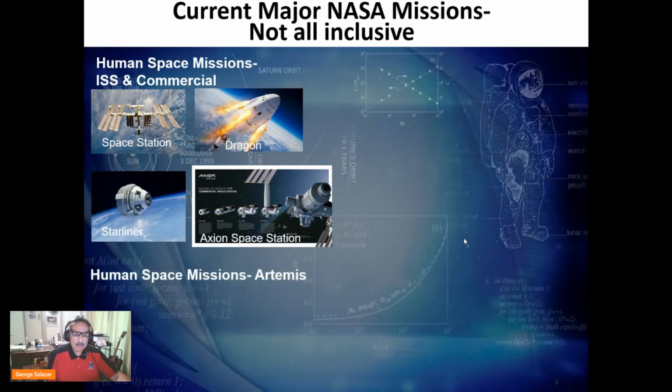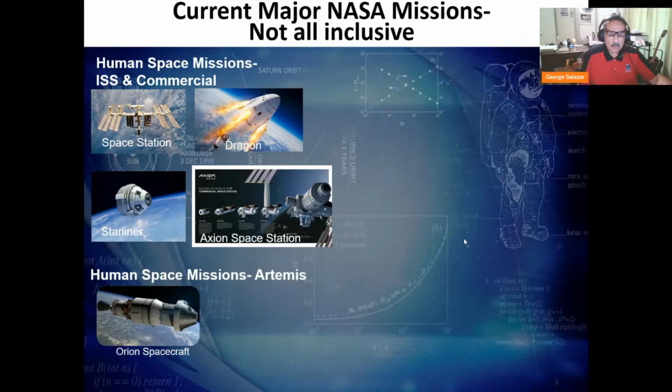Now, from a human space missions standpoint, currently the big one is Artemis, and that's one I ended up doing the last 5 years of my career. It's ongoing right now. We have the Orion spacecraft. I worked that in terms of human interfaces, as well as a little bit of command and control.